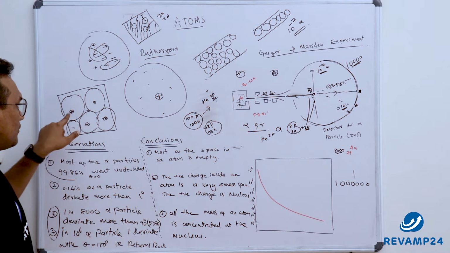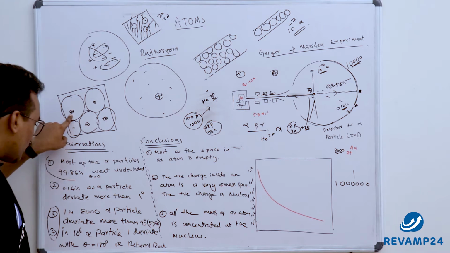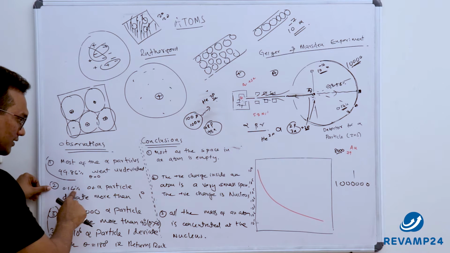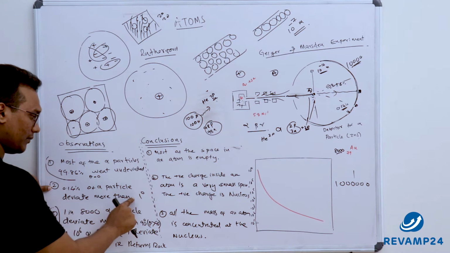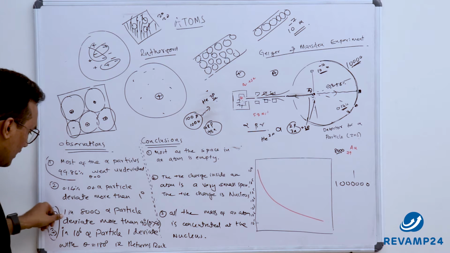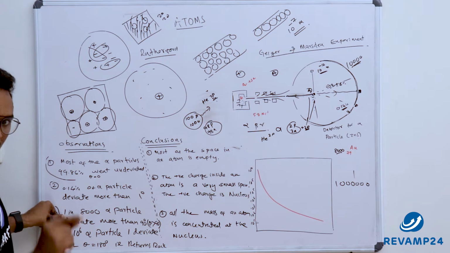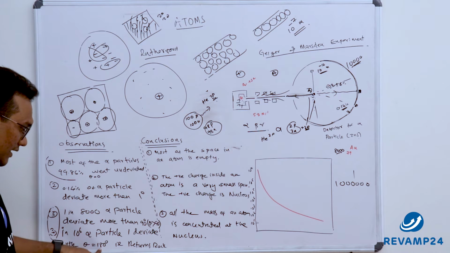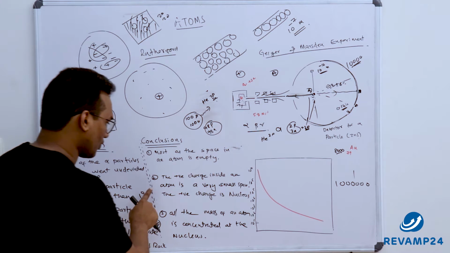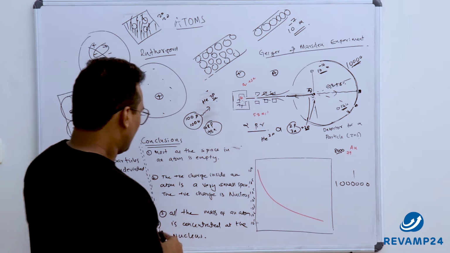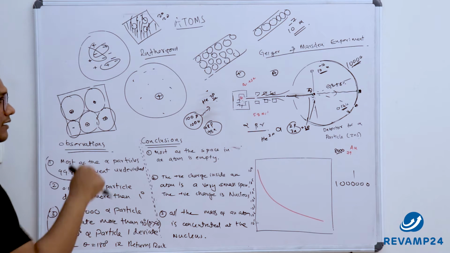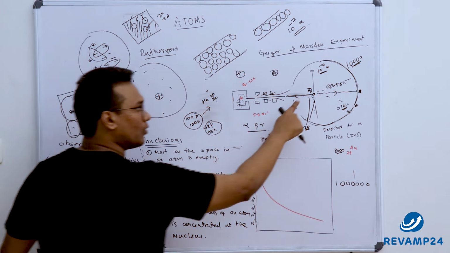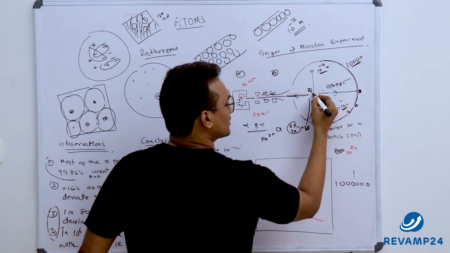The next conclusion is about the positive charge. And what are the observations? 0.14% of the alpha particles deviated by an angle more than 1 degree, 1 in 8000 more than 90, and 1 in 10 power 6 by an angle of 180. So he said that if this happens, the deviation has happened because this was a positive charge.